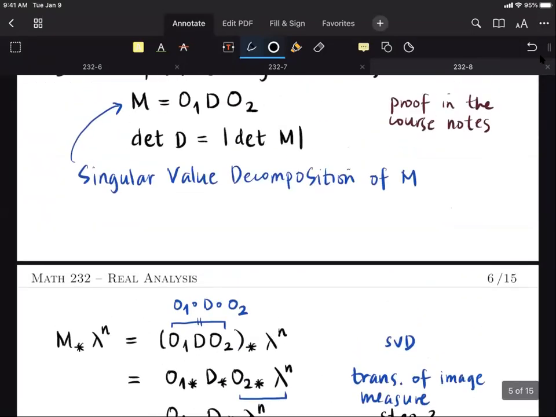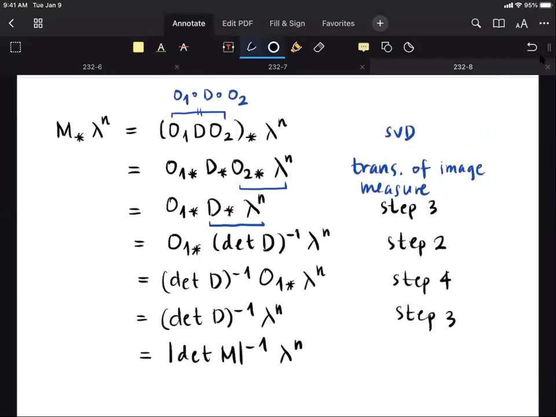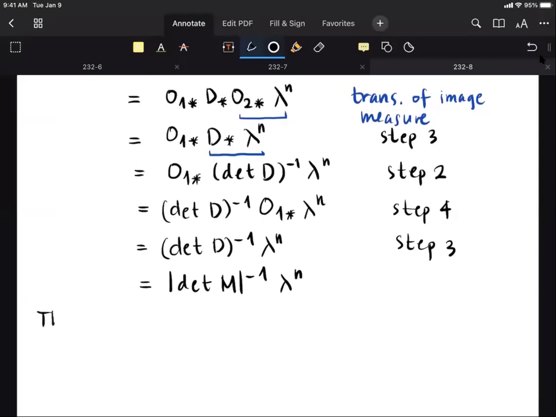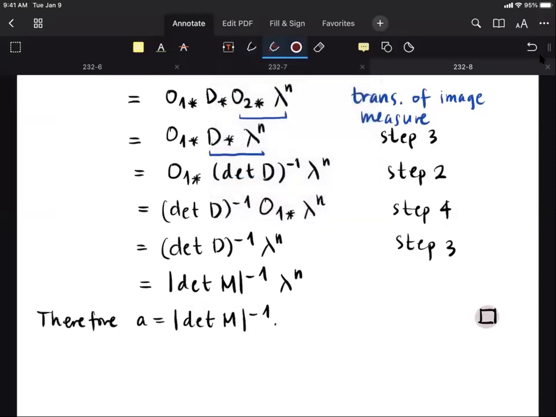From the singular value decomposition, the determinant of D is nothing but the inverse of the absolute value of the determinant of M. So therefore, the constant A provided in the first step must be this constant, the reciprocal of the determinant of the inverse, or the determinant of the matrix M. Take note that this was our claim.